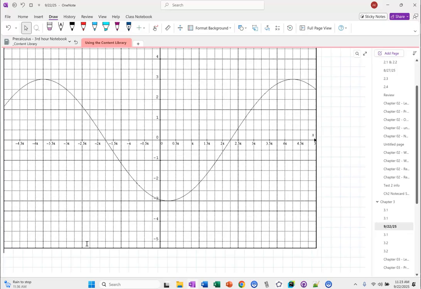I'll walk by while you guys are picking away at this, just to see what you're doing or how you're doing on stuff. Again, we're trying to write the sine and cosine equation for this graph.